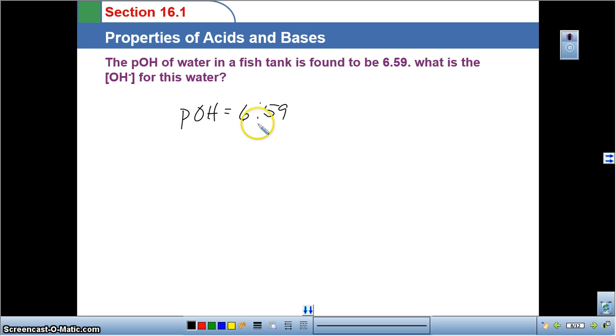We're going to start off by putting in 6.59 as our pOH, and that equals the negative log of the OH ion concentration. Divide both sides through by a negative to get rid of that. We're going to do the inverse log or anti-log of both sides.